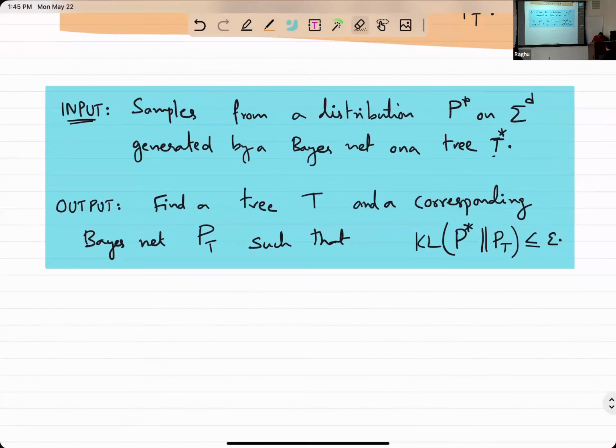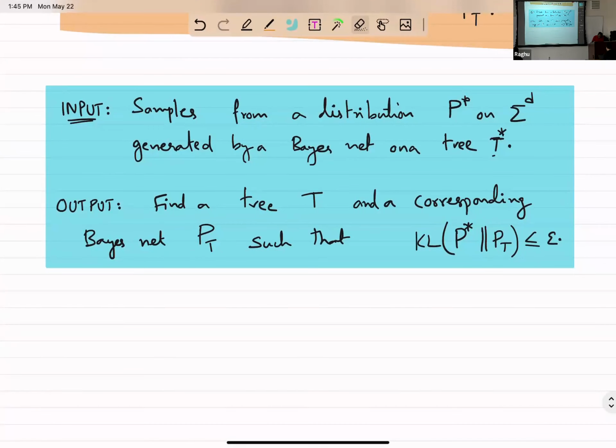We are now saying we're given samples from P star, and we are also given a tree T to use. Someone told me, go ahead, I think this will be the tree that will work.